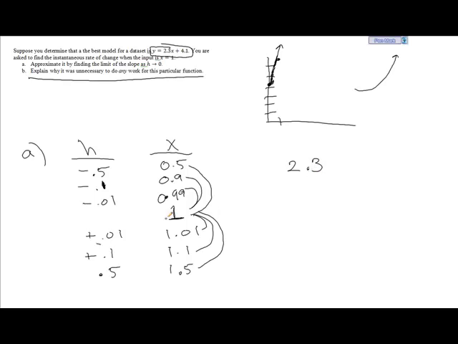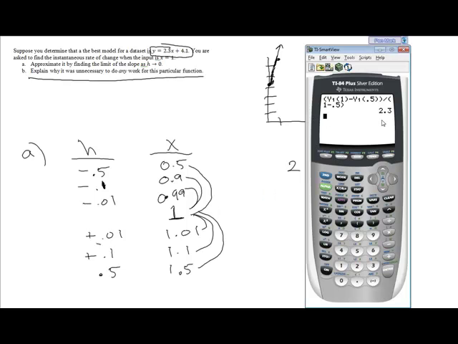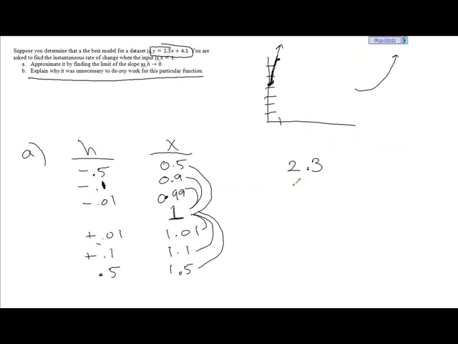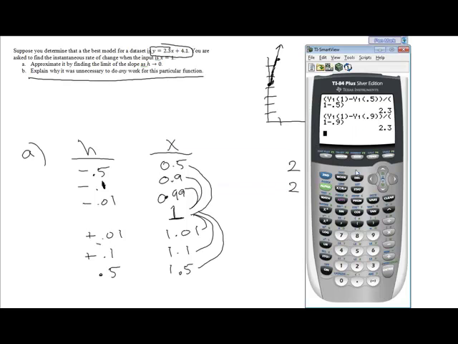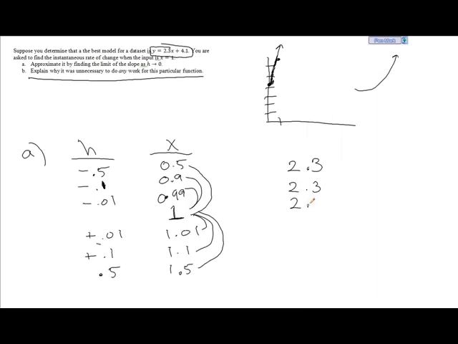So the rate of change between any 2 points on a line should always be that constant rate of change. So would this be any different if I picked 0.9? And you probably know the answer already. It's going to be 2.3. And then if I changed that to 0.99 and hit enter, well, there it is again, 2.3.